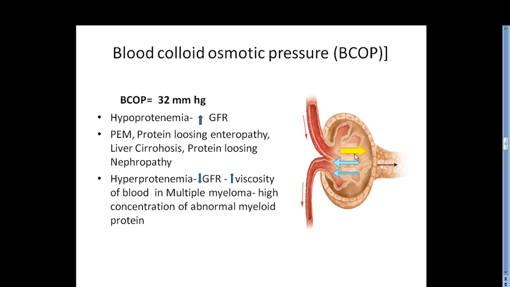So there are three main causes of renal failure: pre-renal cause, renal cause like glomerulonephritis, and post-renal cause, like backflow because of obstruction in the pathway of urine. So these three pressures, hydrostatic pressure, colloidal pressure, and the Bowman's capsular hydrostatic pressure, play a role in deciding the GFR.